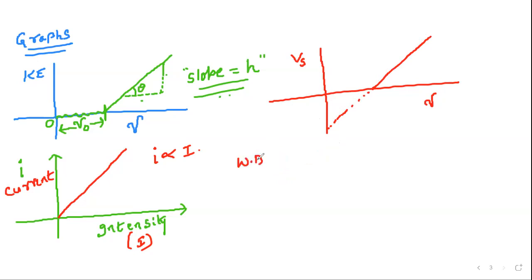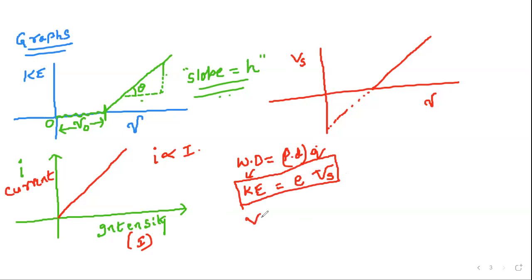Work done is equal to the potential difference into the charge brought. Here the work done is nothing but the kinetic energy. So kinetic energy is e times the potential. This potential is the stopping potential Vs.